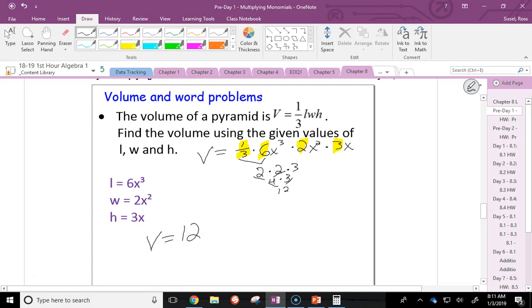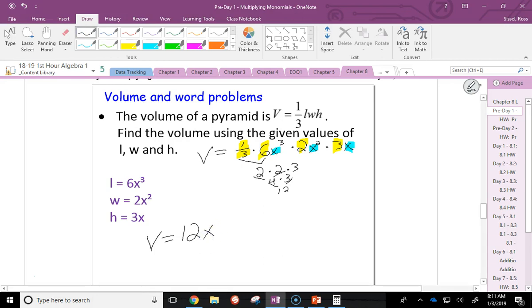Now, what am I going to do about my bases and my exponents? You add your exponent. Okay, because all my bases are the same, right? That's an important step to recognize that. I don't have to put these in alphabetical order because there's only one base, x. So in my answer, it's going to be x.